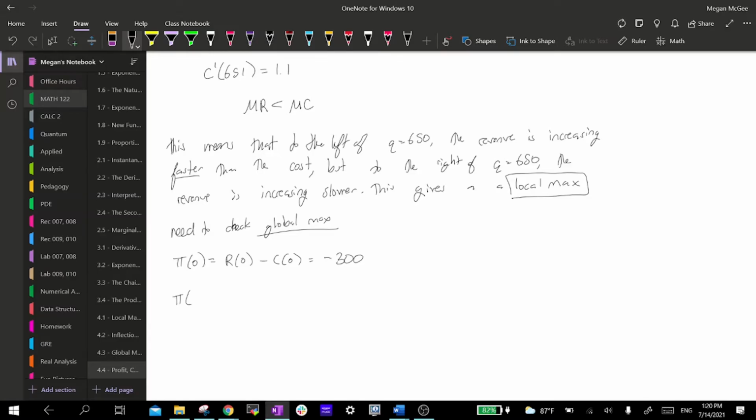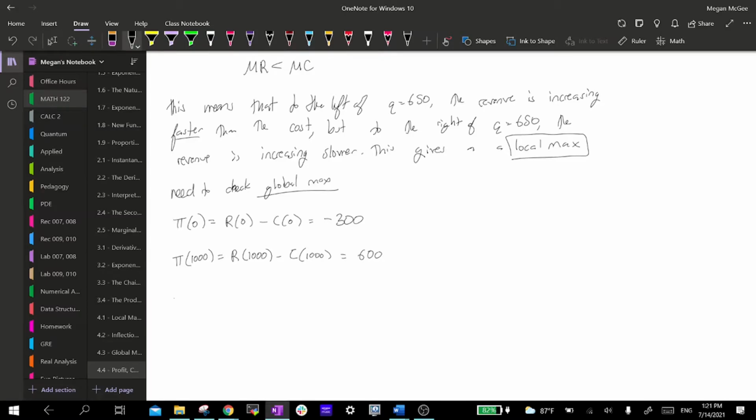So then we'll look at the other endpoint, which is q is equal to 1,000. So we have the revenue at 1,000 minus the cost at 1,000. Well, that gives us positive 600. Okay, so now we're making money. At least we have a positive profit number.